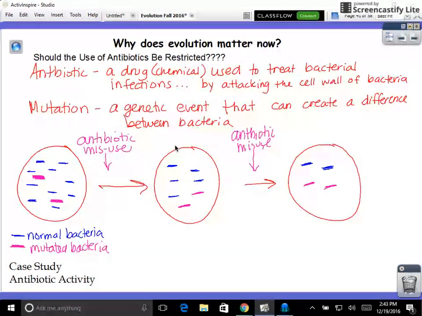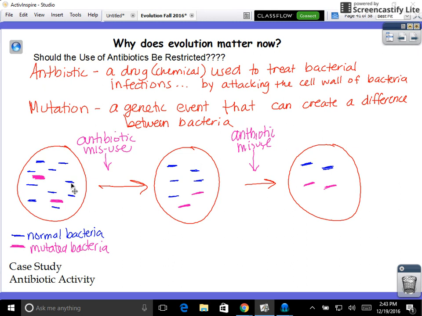We did spend some time in class talking about why evolution matters now. One of the hot topics is antibiotic overuse. We read some information about what antibiotics are used for and how misusing them, using them when they're not necessary or not completing a dose, leaves around the stronger bacteria that the last doses of an antibiotic usually kill.